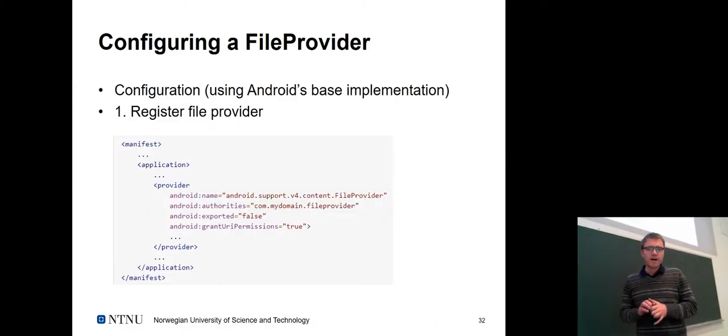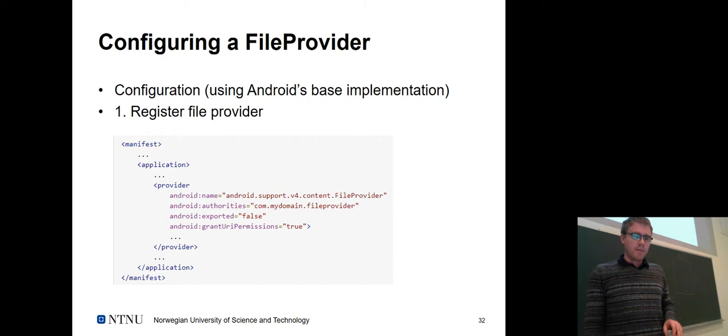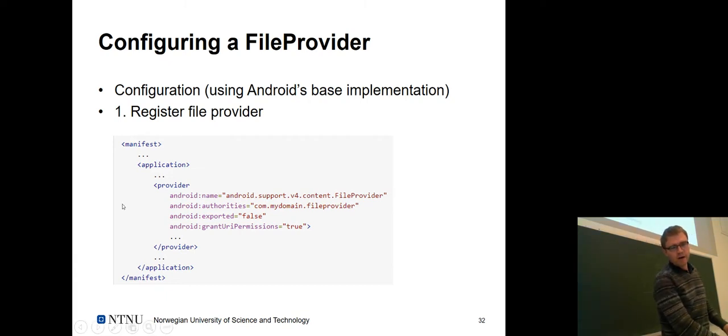It turns out the FileProvider is largely a specialization of the content provider, and it's mostly by configuration. So it's not so much implementation, like in the content provider case, where you actually need to write the boilerplate code of dealing with storage. Here it's really about just configuring the system. Again, as before, you need to register your file provider somehow, including the ability to grant URI permissions.